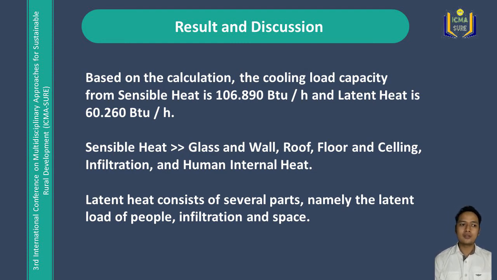The sensible heat is from the glass and wall, roof, floor and ceiling, infiltration, and the human internal heat. But the latent heat consists of several parts, namely the latent load of people and infiltration and space.